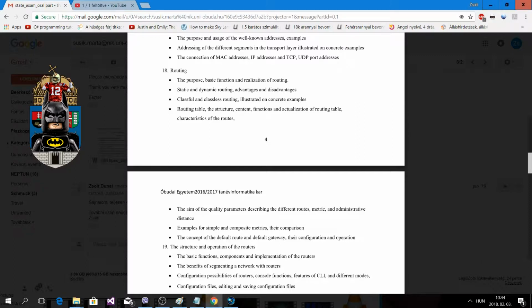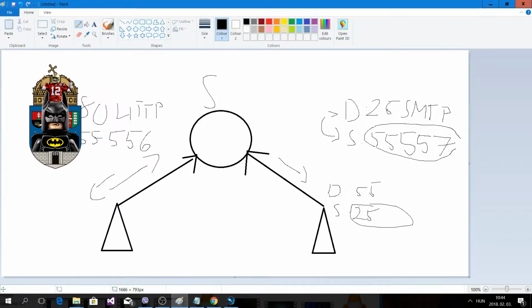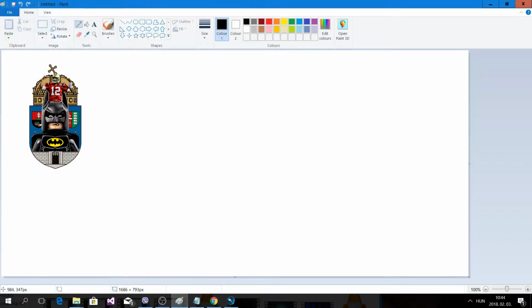Classful and classless routing illustrated on concrete examples. I talked about this in previous examples. If we would like to visualize it, imagine we have a router here, here, here.